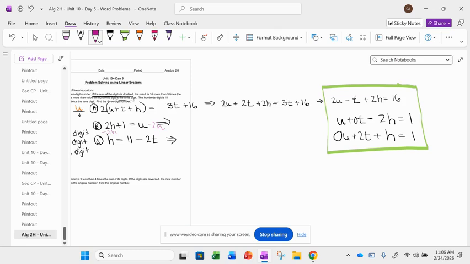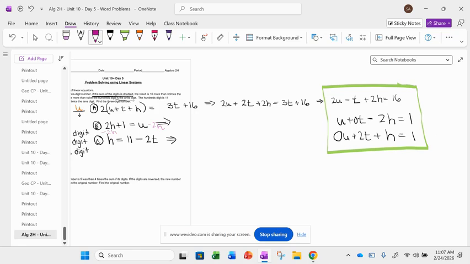Everybody okay? On the test, I will not tell you what method to use. So what do we think is the easiest way to solve this? Do we think matrices will be easier or do we think Cramer's would be easier? Yeah, matrices is definitely easier. Cramer's has a lot of steps. We've got to find D, Dx, Dy, or Du, Dt, Dh.